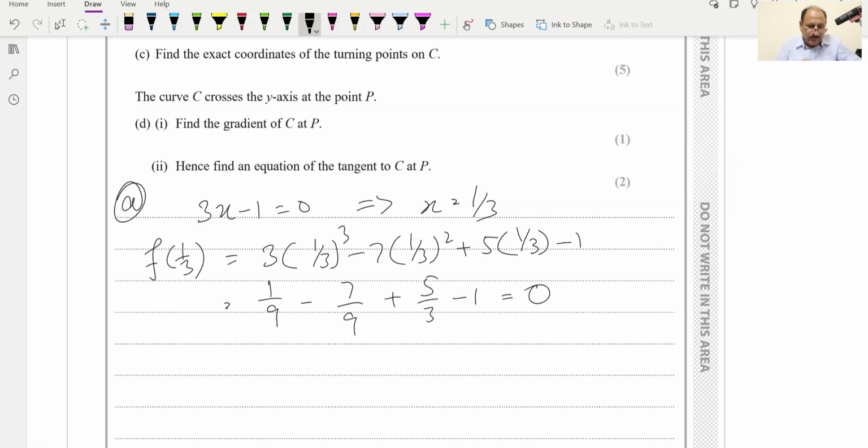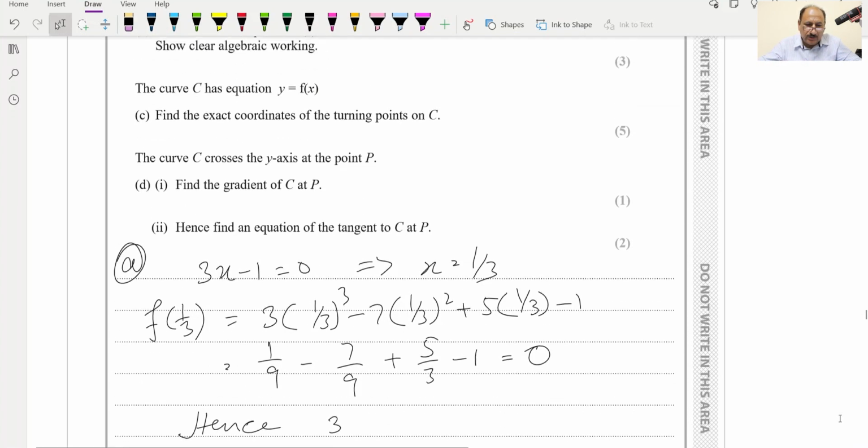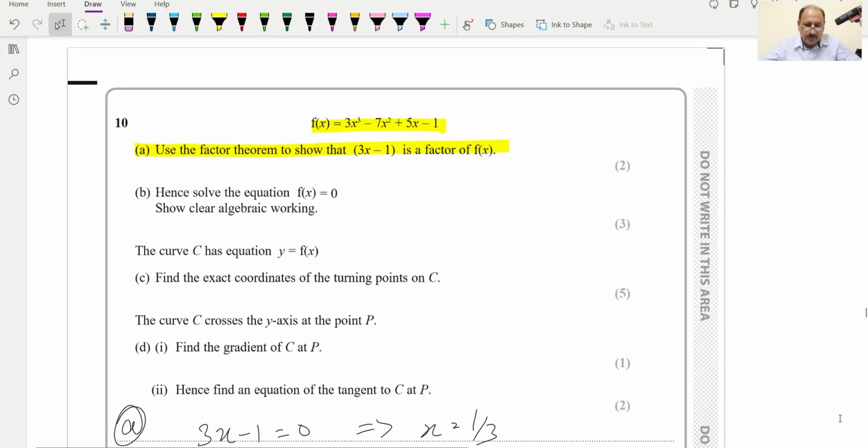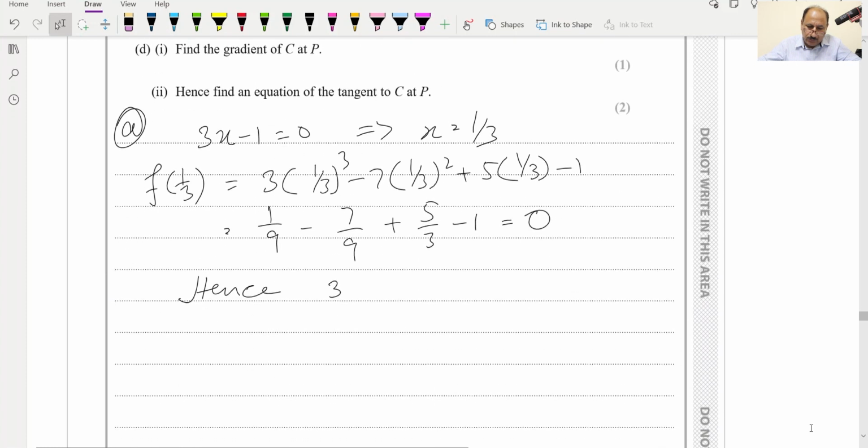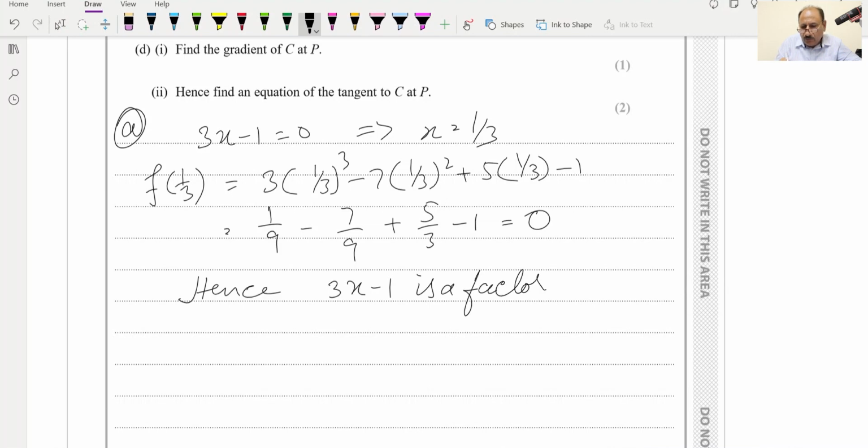As this is equal to 0, hence we can say 3x − 1 is a factor of f(x). So this is done.